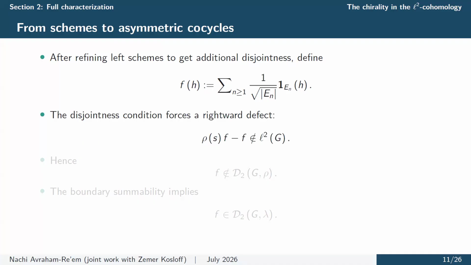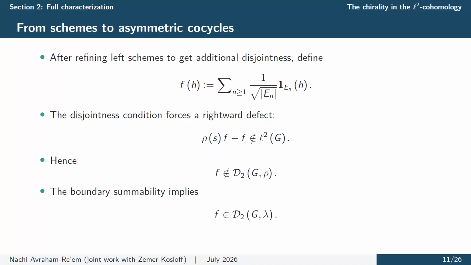And the disjointness condition, the first condition, gives us that if you translate it from the right by s, then you just get infinitely many disjoint copies of something. Comparing it to the original function, this difference is just a sum of twos, an infinite sum of twos. So F is not a cocycle for the right regular representation.